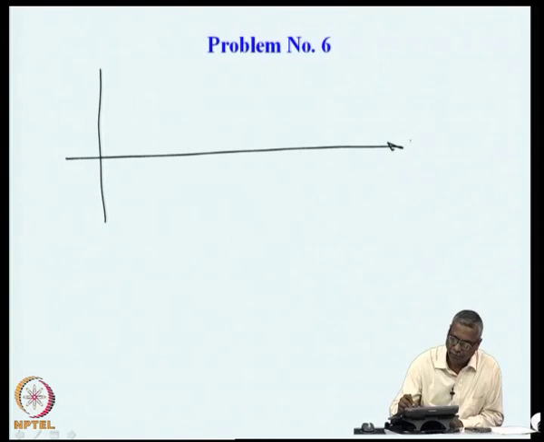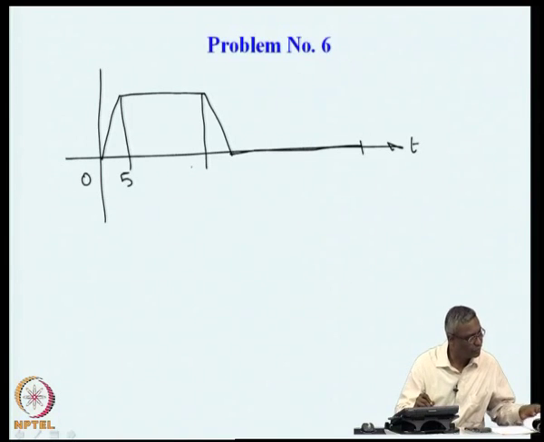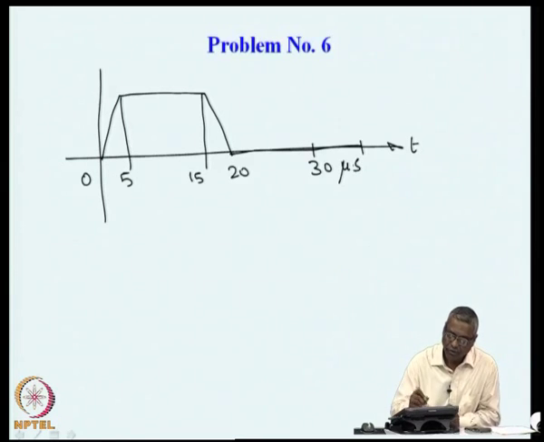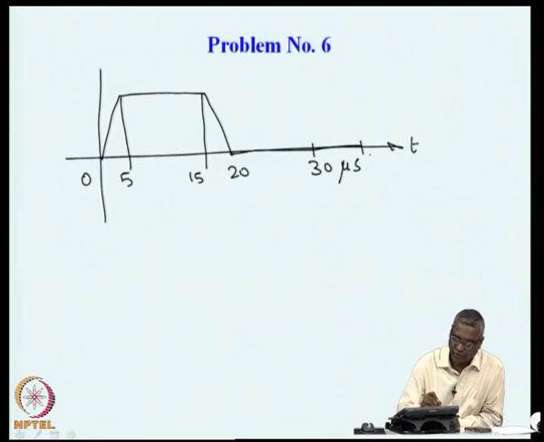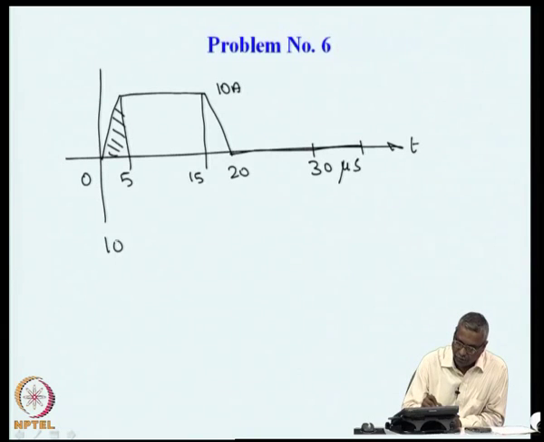So, for this particular waveform, I have a trapezoidal waveform. This is 0, 5, then 15, 20, and the end of the period is 30 microsecond. So, the average current is this total area divided by 30 microsecond. The area of this part is 10 into 1 by 2 into 5, that is the area of the triangle, half base into height.